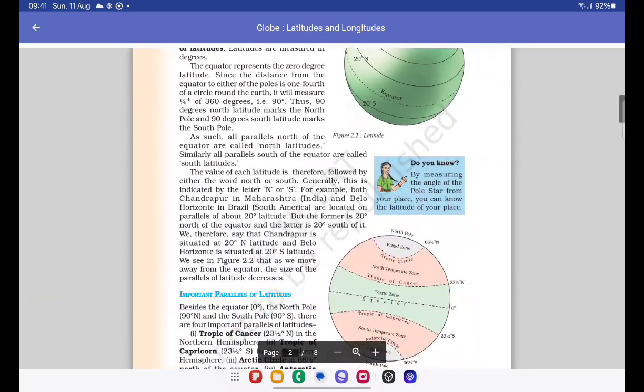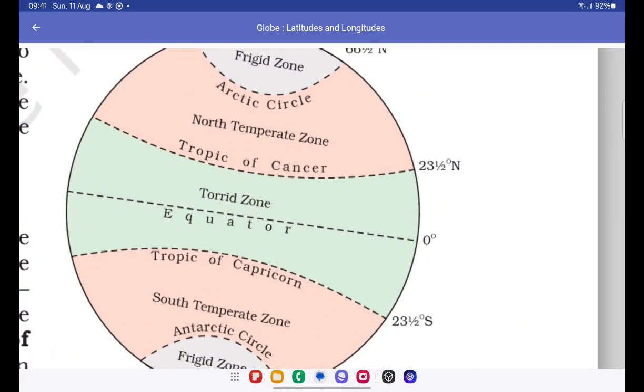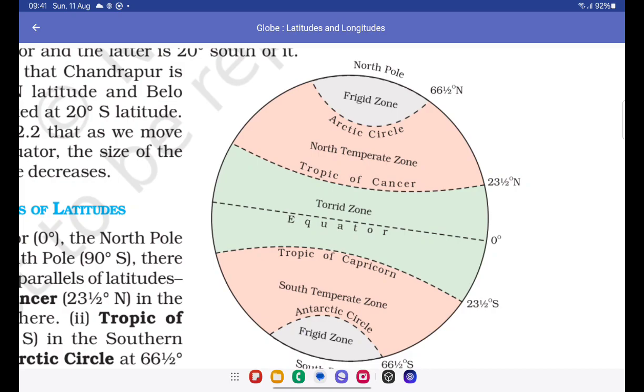In short, the area between 23 degrees north latitude and 23 degrees south latitude is known as the torrid zone.